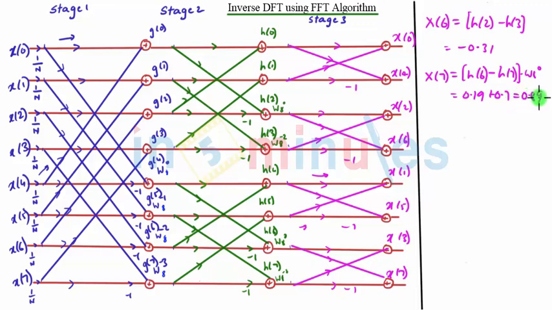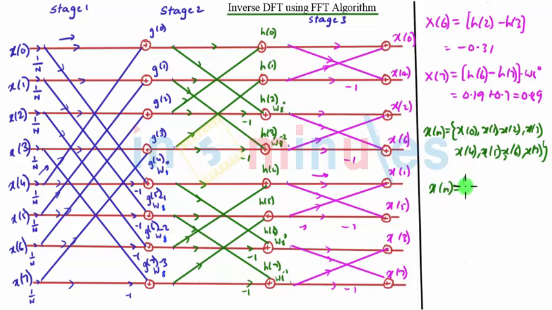Now you have found out the DFT. While the sequence, that is the inverse DFT, we have found out. So the sequence will be x of n is equal to, we have to write that in order, that is x of 0, x of 1, x of 2, x of 3, x of 4, x of 5, x of 6 and x of 7. So we'll write the answer.